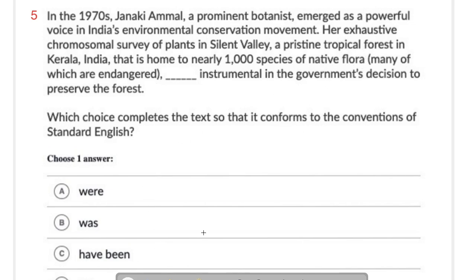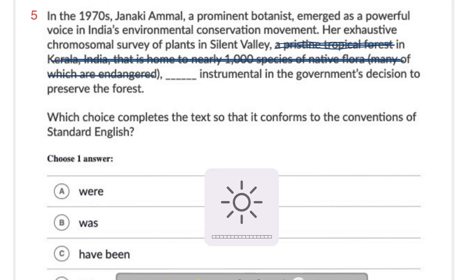Okay, so what we're going to do here is cross out all of this. Not to be rude or anything, but this is not essential to figuring out the correct verb tense or subject-verb agreement. And then the next thing we're going to do is cross out "in Silent Valley" and "of plants."